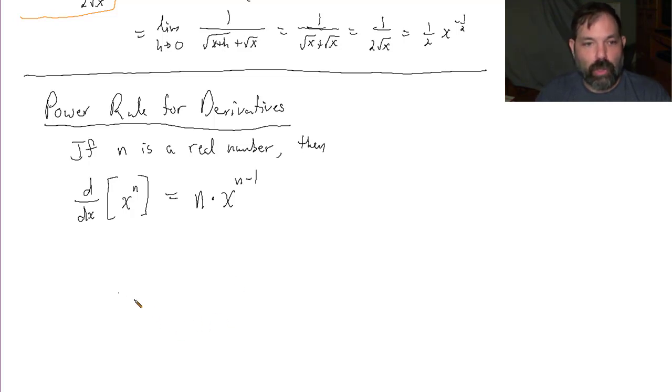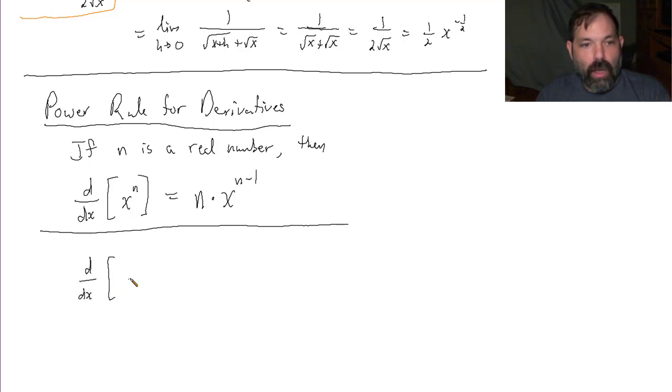Alright, so just as a quick example, if I wanted to find the derivative with respect to x of x to the negative 6th power, following this rule, n is negative 6.